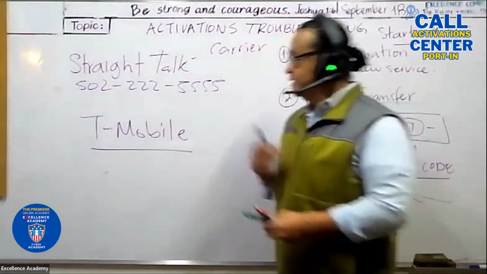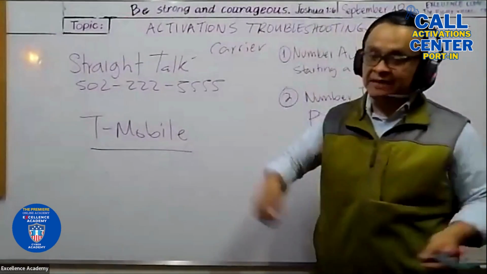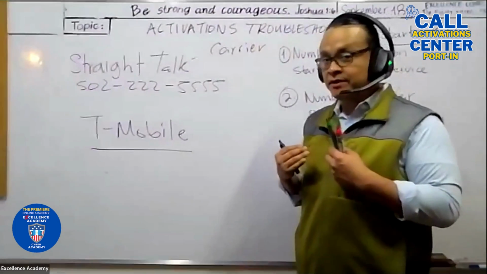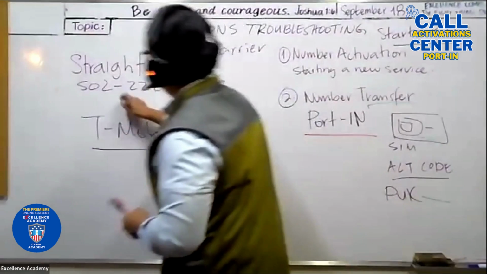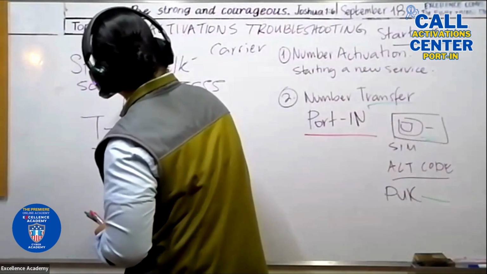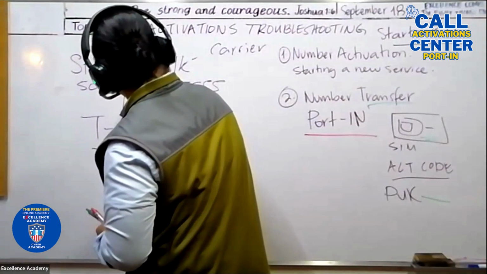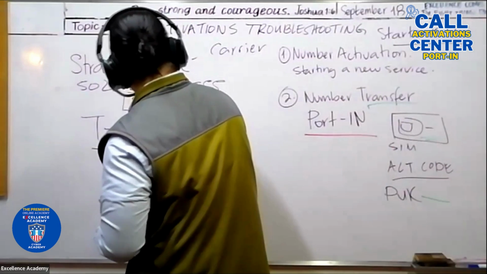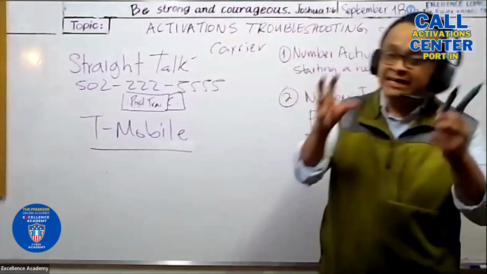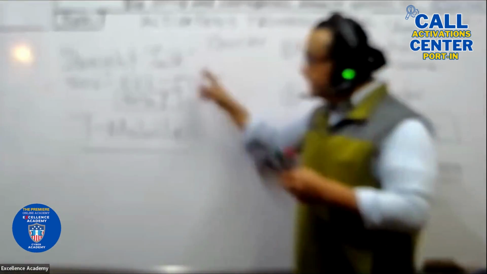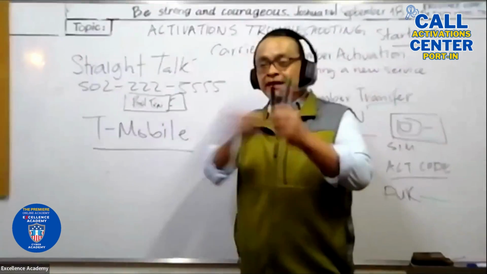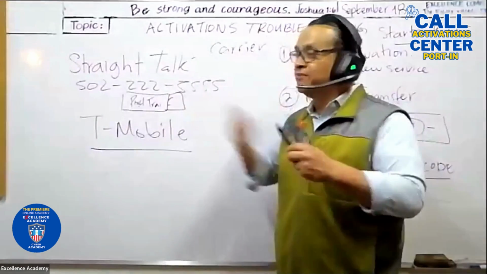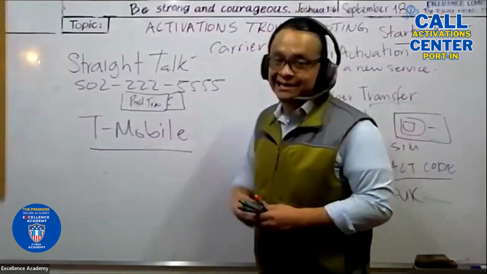Now, during the activation process, there are different steps that you need to perform in the system in order to start the port in process. This is going to take some time, because we have the port transfer center, right? The port transfer center is this hub where the carriers all get together and work out which number is coming from where and from whom, depending on different policies.